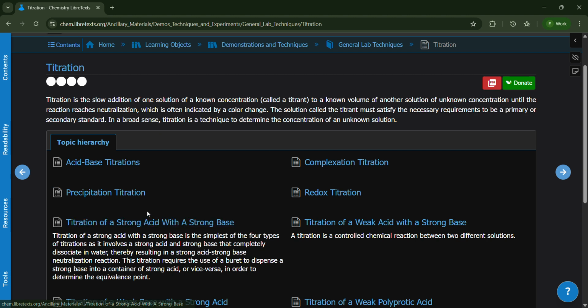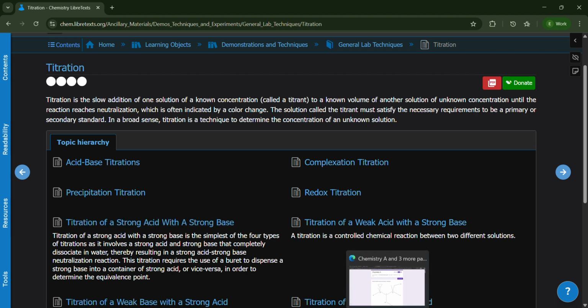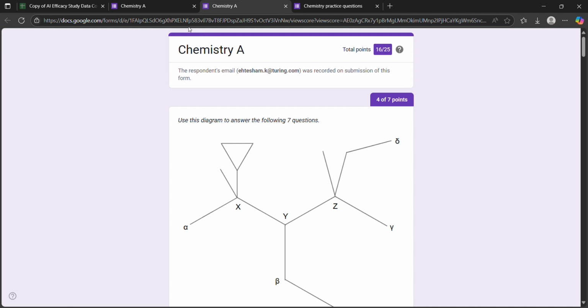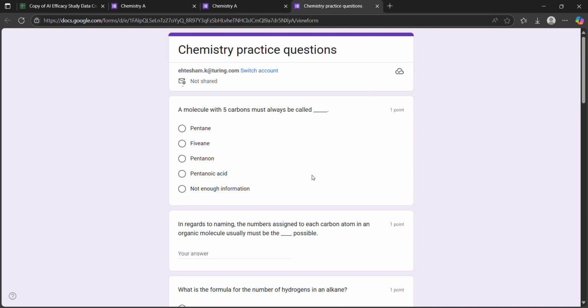So now let's move to the chemistry practice questions. A molecule with five carbons must always be called, so it will always be called, pentanone.